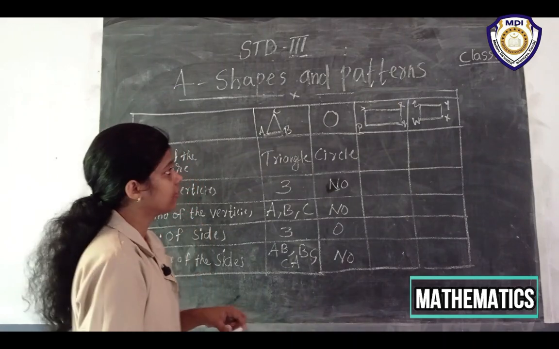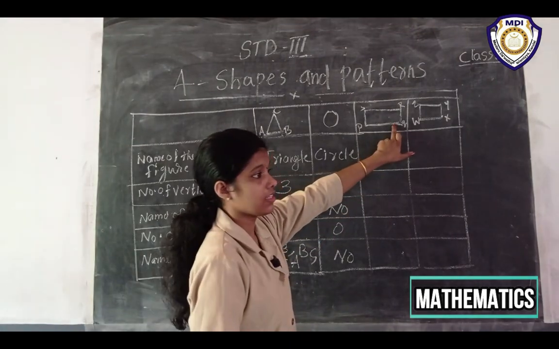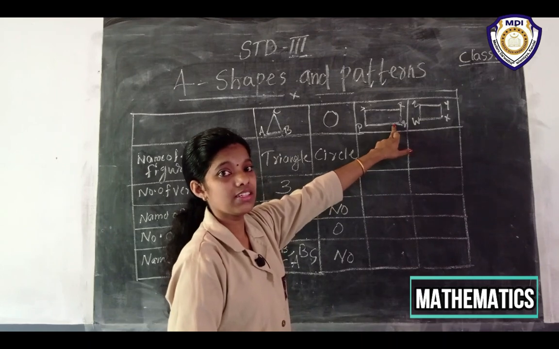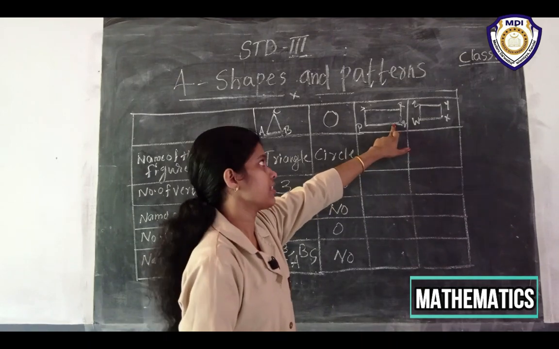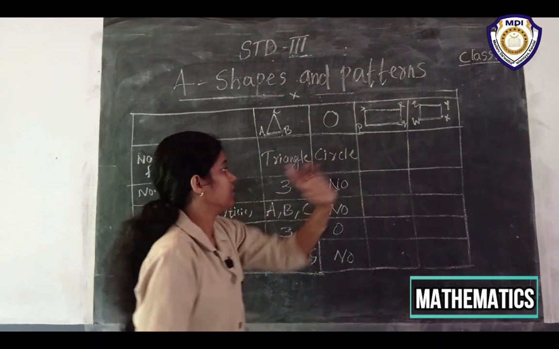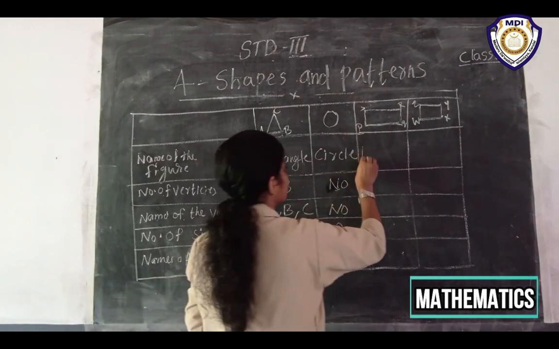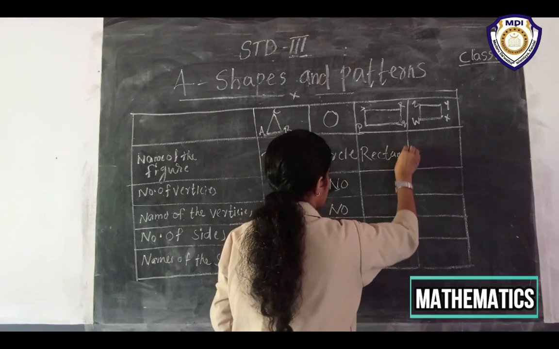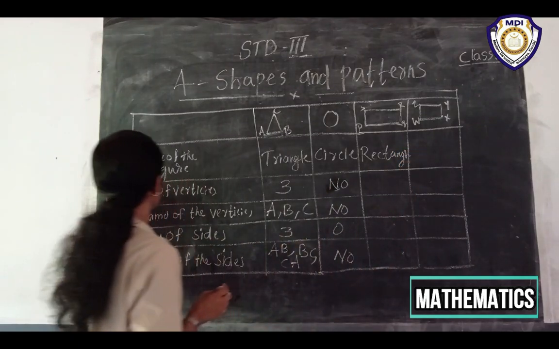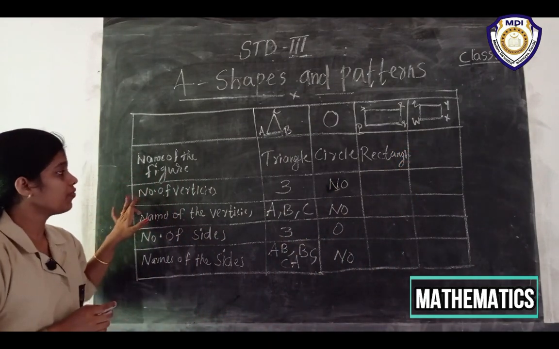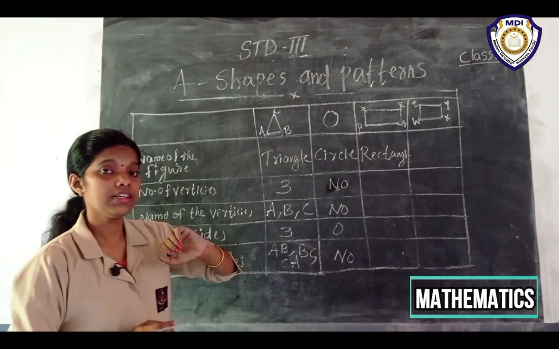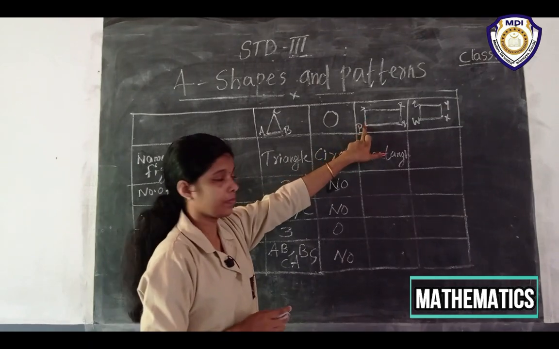Next one is rectangle. Number of vertices. How many vertices are there?